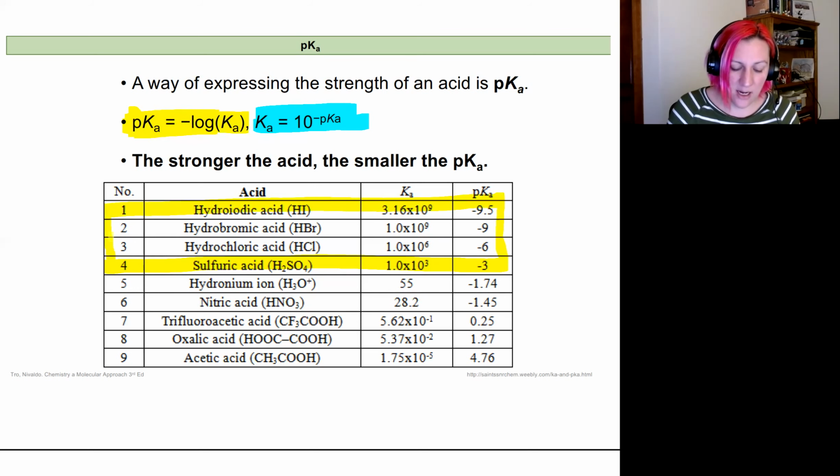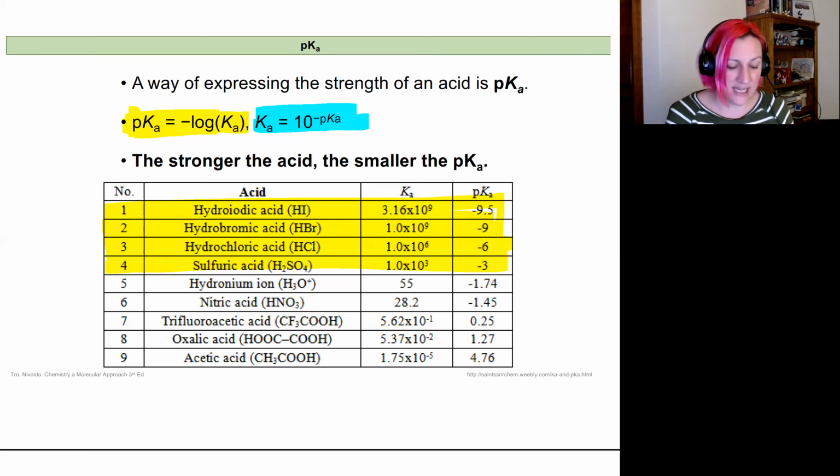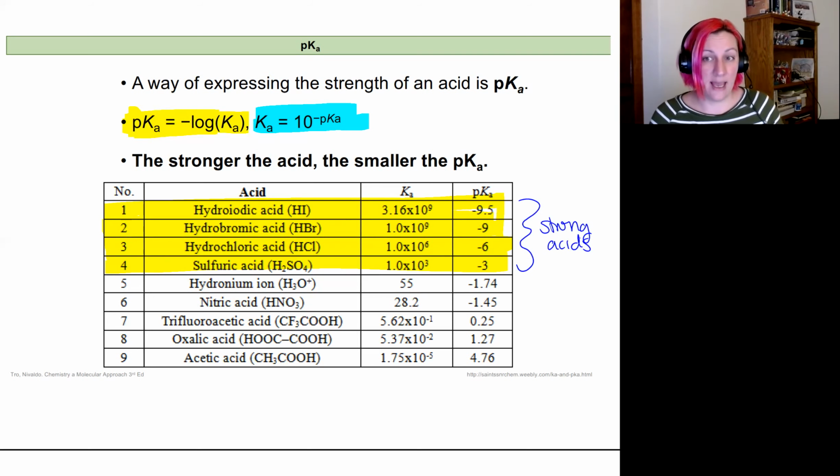And look at their pKa values: they are all negative values. That's because the Ka is a larger number, and taking the negative log of it gives us this negative value. So the lower the pKa value, the stronger the acid, especially if it's a negative value.